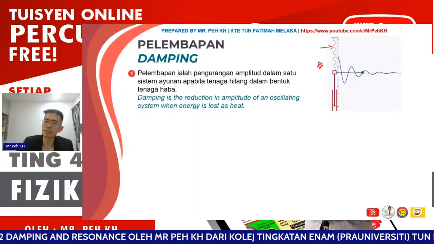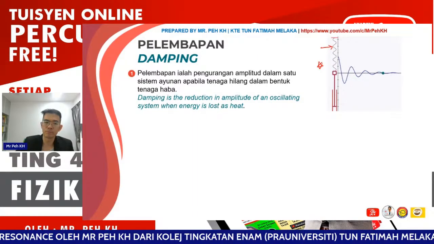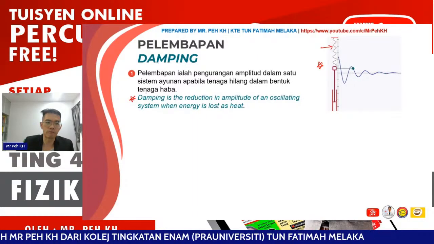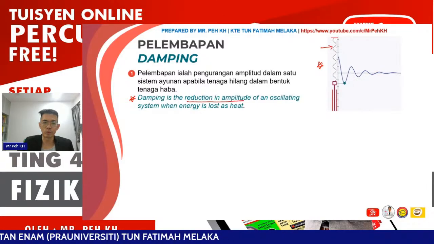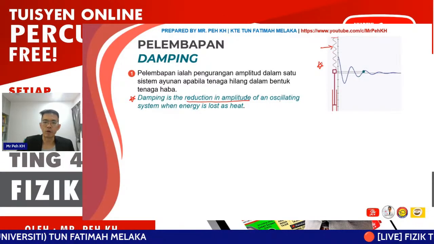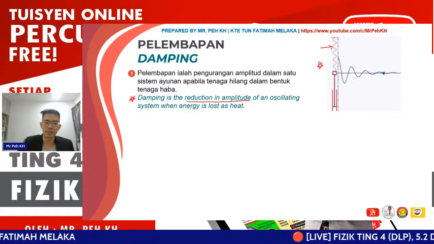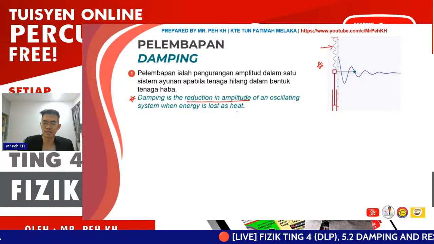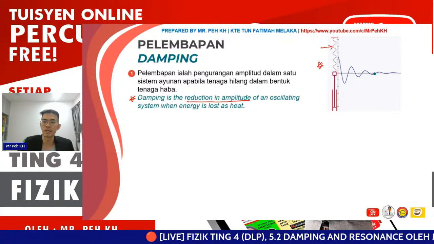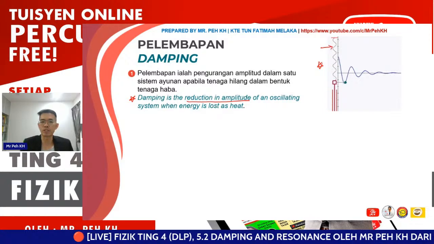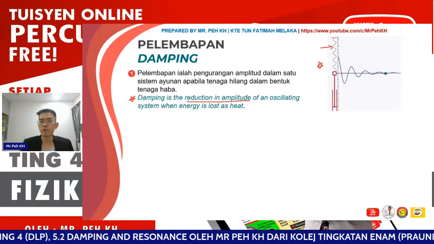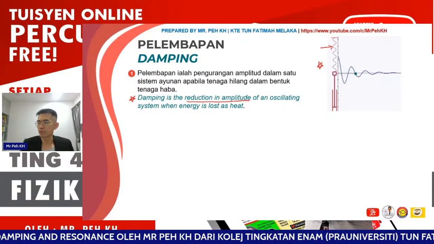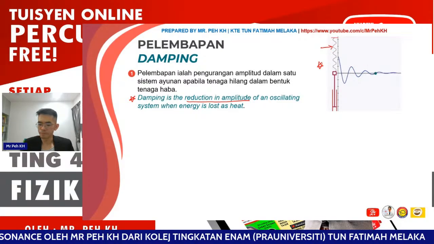The loaded spring amplitude decreases with time. So here is the definition. Damping is the reduction of amplitude of an oscillating system when energy is lost as heat. This sentence tells us that damping is a process where amplitude decreases, and the decrease is due to the energy loss in terms of heat.